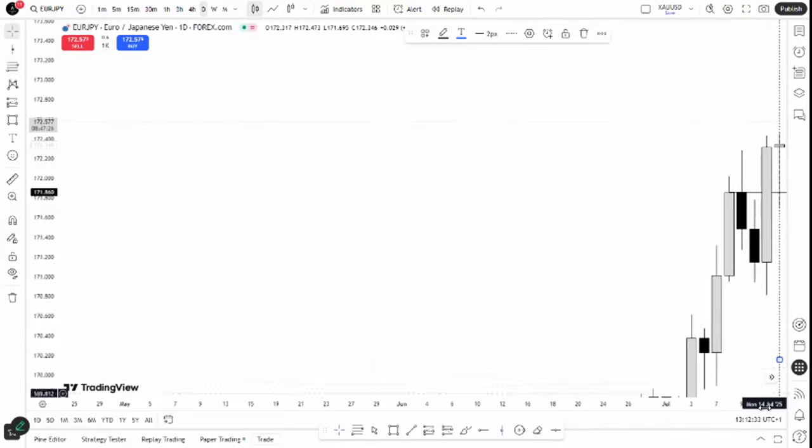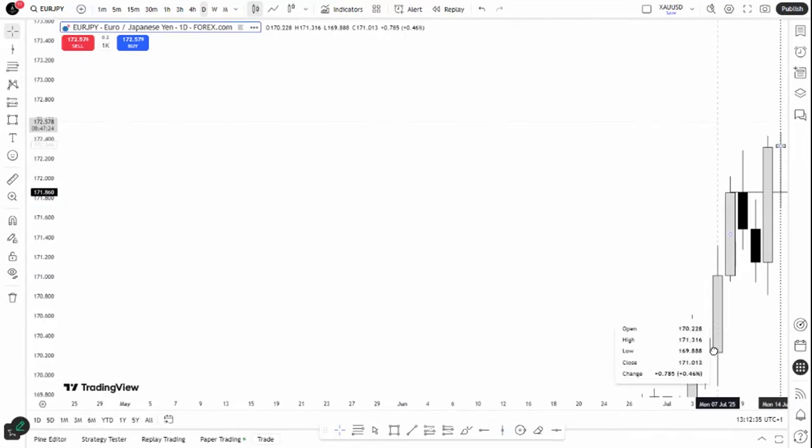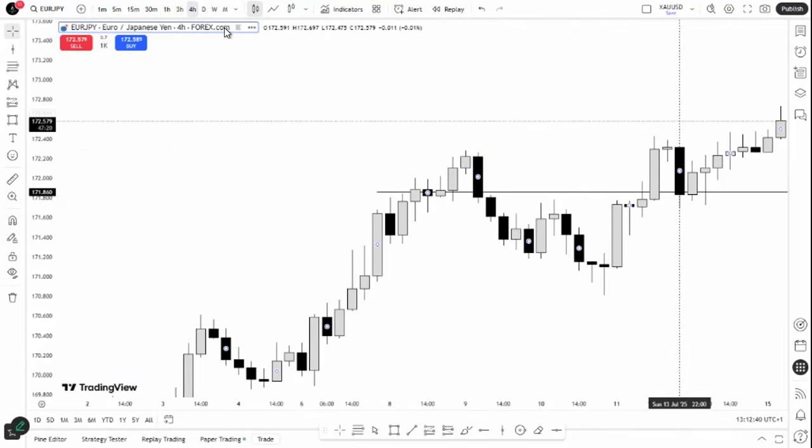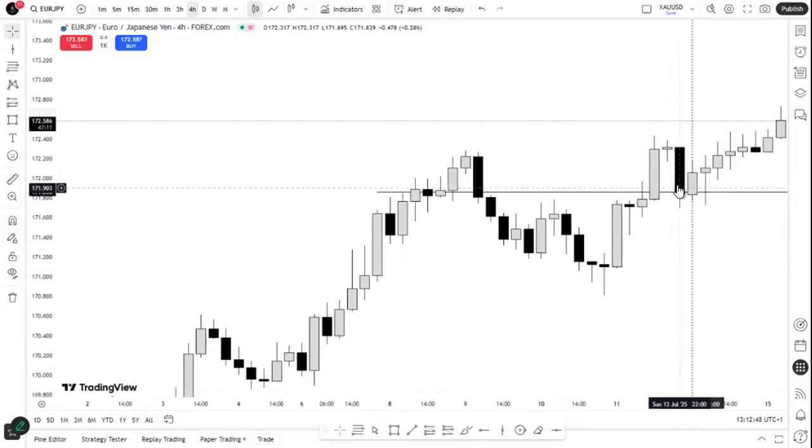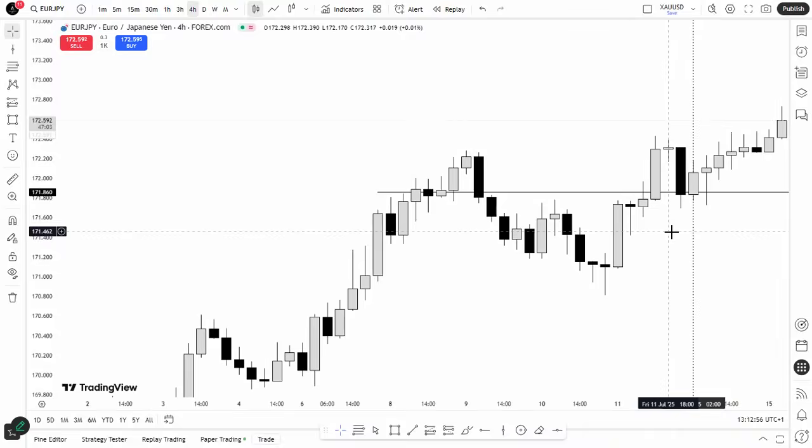That day is the 14th of July, right? Then I'll go to the 4 hour time frame and check if this line is on the 14th of July. It's on the 13th, so I'll adjust it to the 14th. On the 14th, this was the point it tapped. I'll ask myself, what was the last high that was formed?